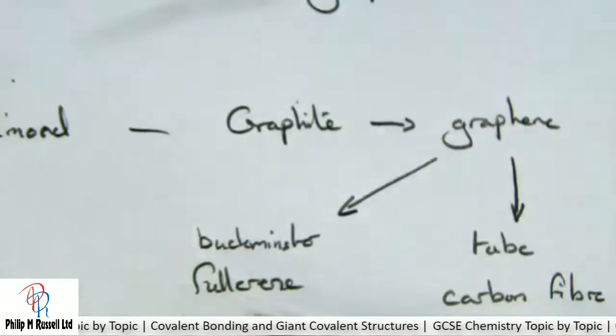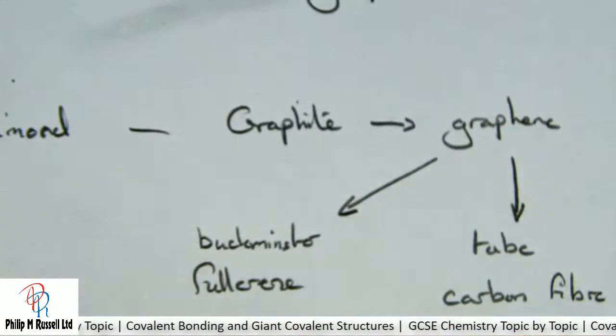So we've got quite a few different forms of carbon, and these are given names, diamond, graphite, graphene, so on, but they're called collectively allotropes. They are the allotropes, or different forms of carbon.